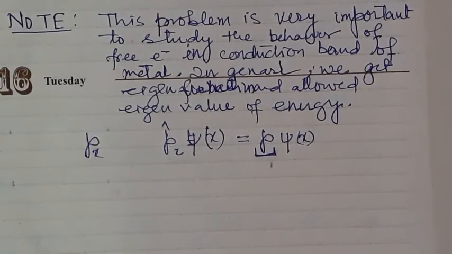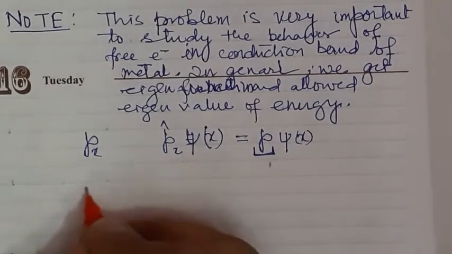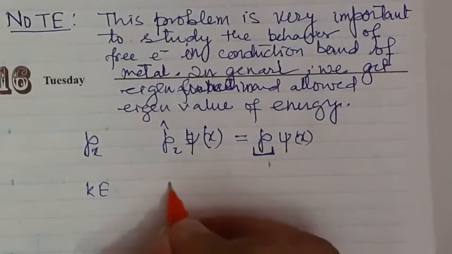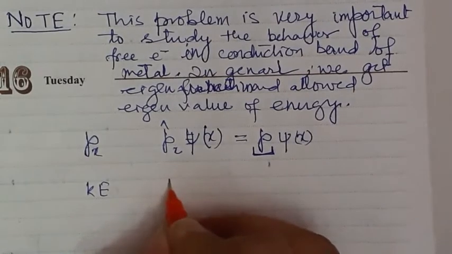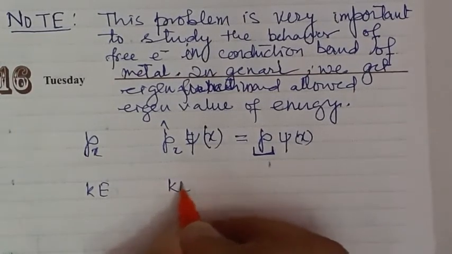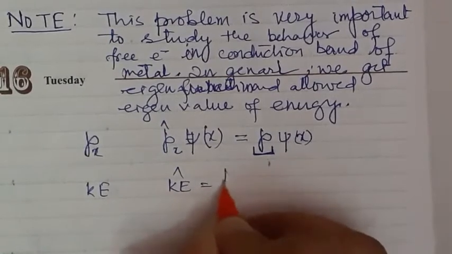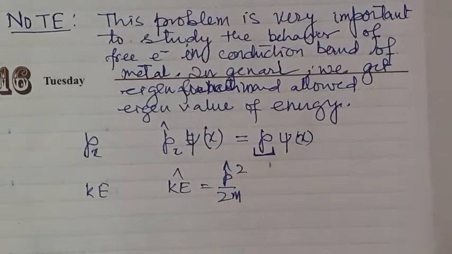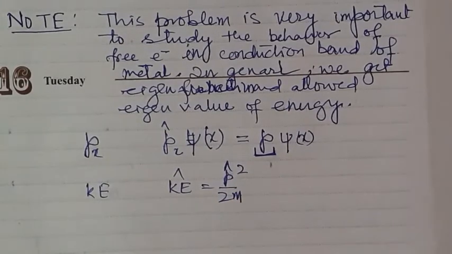Similarly, you will be able to calculate the kinetic energy of the system or the total energy of the system. You apply the kinetic energy operator, that is P operator square over 2m, on the wave function, so you will get the eigenvalue of the kinetic energy operator.